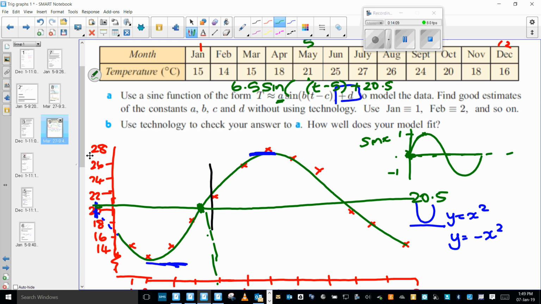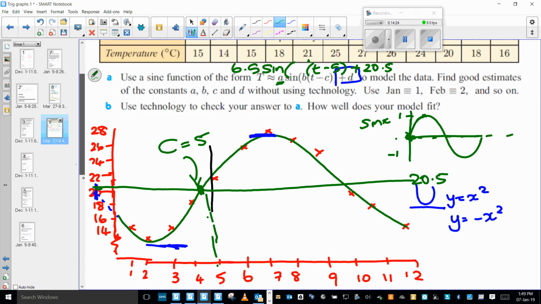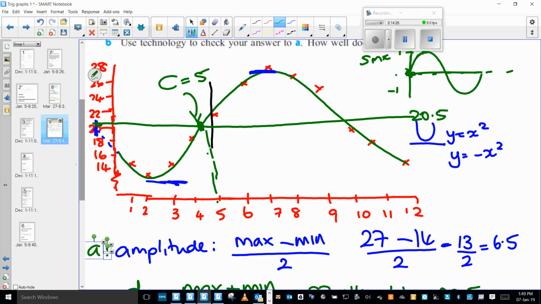So this value here was C, which we decided to put as 5. Alright, so our last bit is B. Now, with trig graphs we have an option of degrees or radians. With our application one, you always use radians.